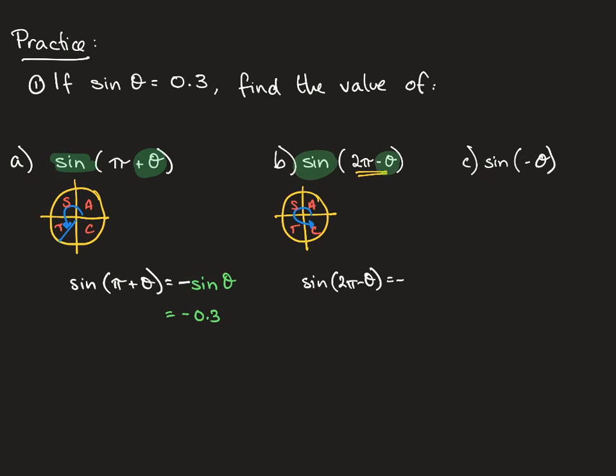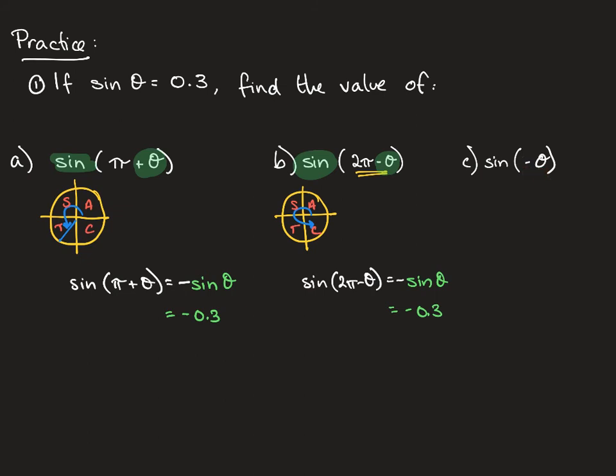And so we know from the top of the question that sine of theta is 0.3. So our answer is negative 0.3. And then finally, you don't need to keep drawing the pictures. We've got, for our last question, sine of minus theta.